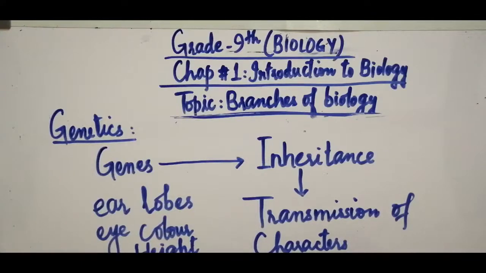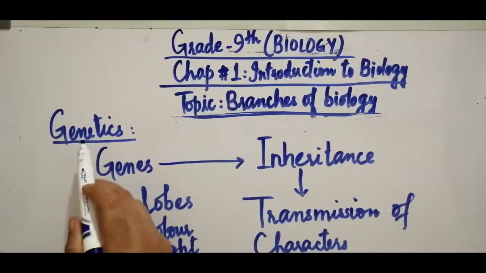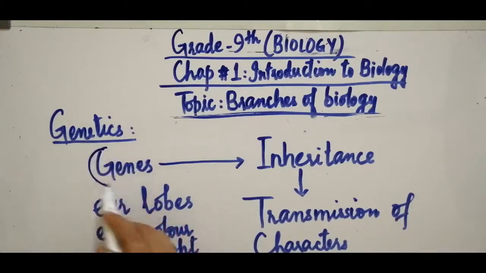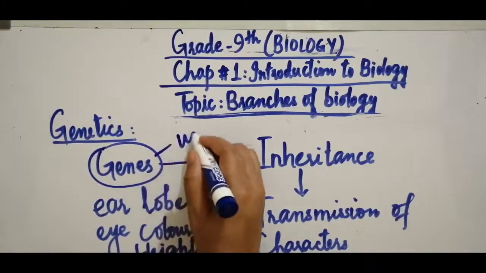So these are some examples of inheritance or inherited characters which we are going to discuss in genetics, and genetics is dependent on genes, which are the units of inheritance.